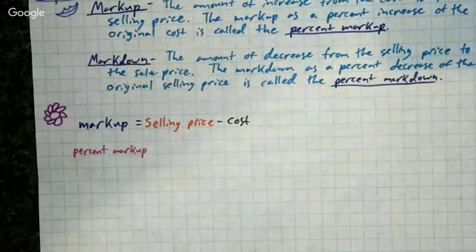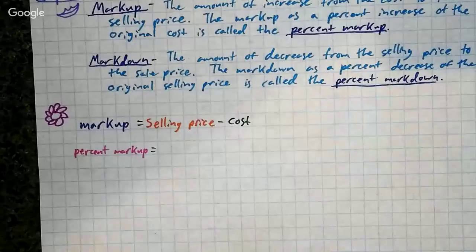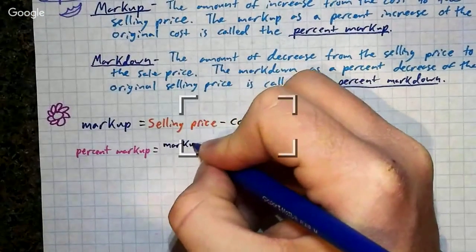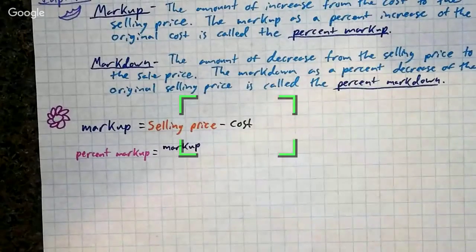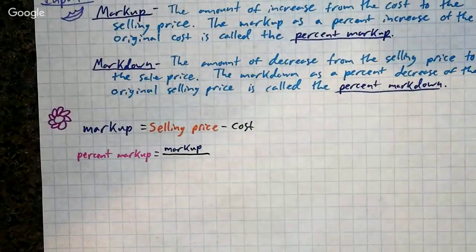To find your percent markup, what percentage you are marking something up, the percent markup equals the actual markup over the cost.